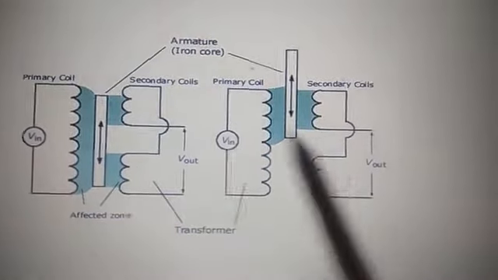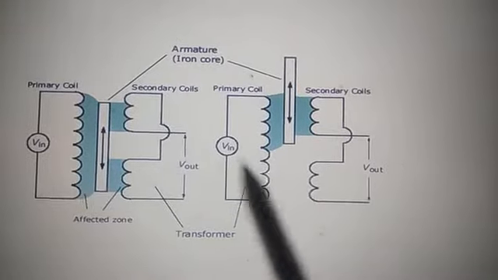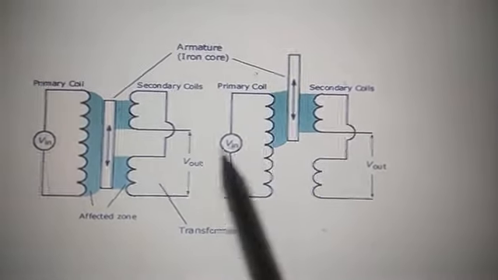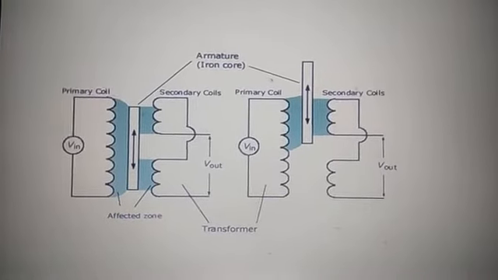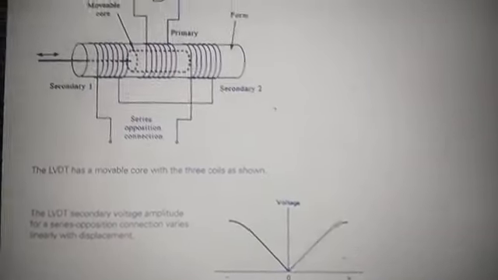These two positions are shown here. This is at the center position and this is the movement where you will get the output. This is a transformer. So this is the constructional and schematic diagram of the LVDT.